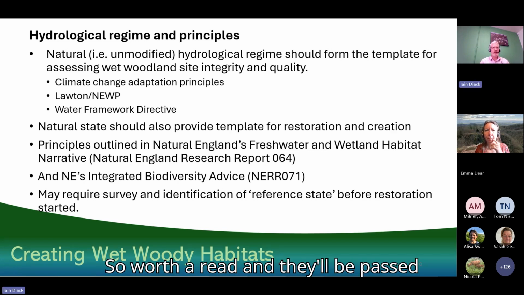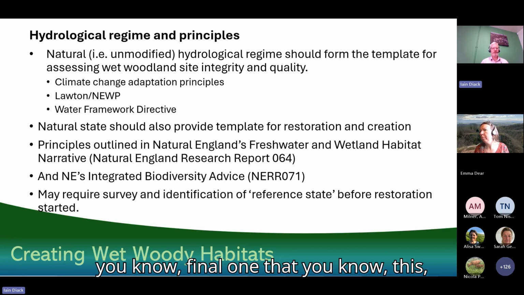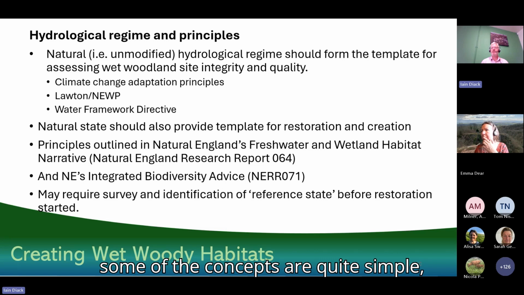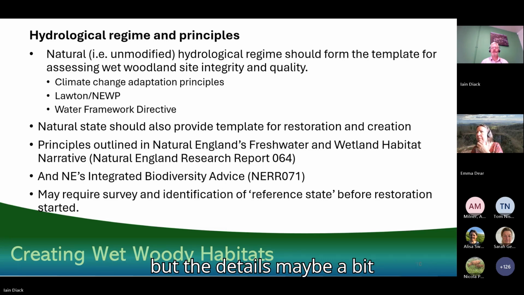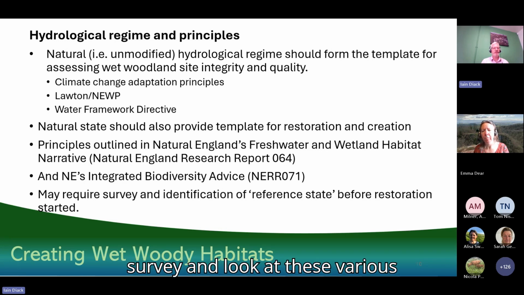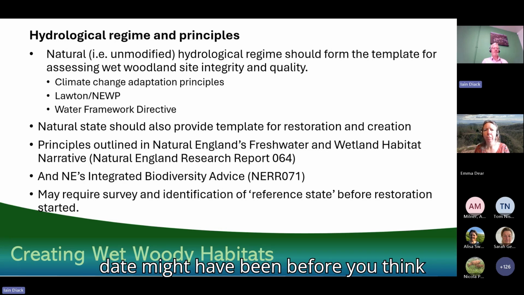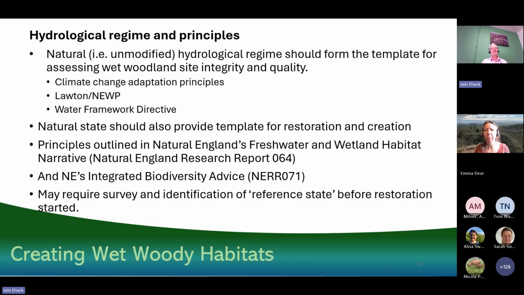So worth a read, and they'll be passed around. Some of the concepts are quite simple, but the details may be a bit trickier. So you do need to go out and survey and look at these various things and understand what the reference date might have been before you think about restoration and creation.